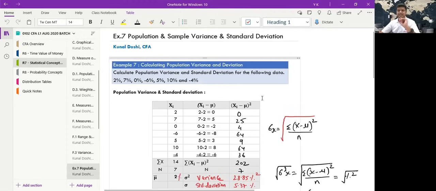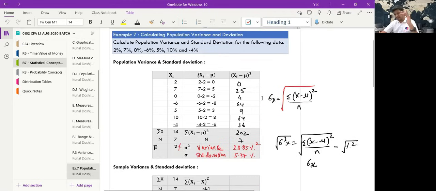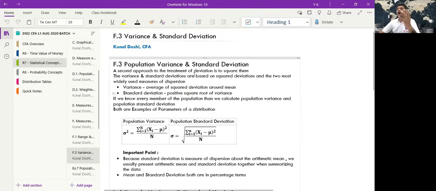Now, this is what we've done for population. We are going to do the same for the sample. There's only a minor difference. But let's understand what is variance and standard deviation. A second approach to the treatment of deviation is to square them. Why second approach? Because the first approach was to take the absolute values. The variance and standard deviation are based on squared deviation and are actually the two most widely used measures of dispersion.